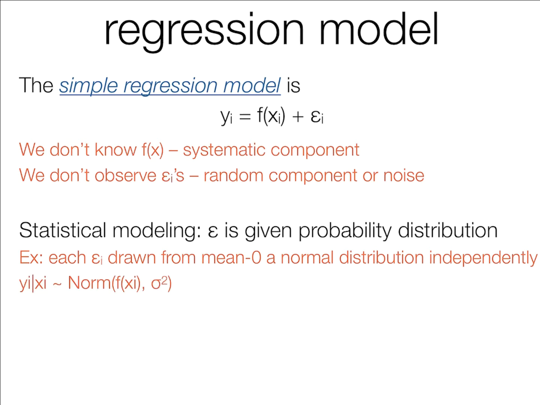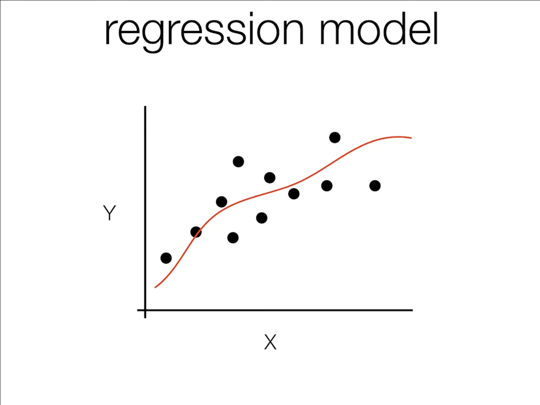And the way that we would usually write this is something like this: yi given xi, meaning somebody tells you what xi is and you're interested in the distribution of yi, is normal with a mean of f of xi and a variance of sigma squared. Of course, sigma squared is not known, but xi is given to you.